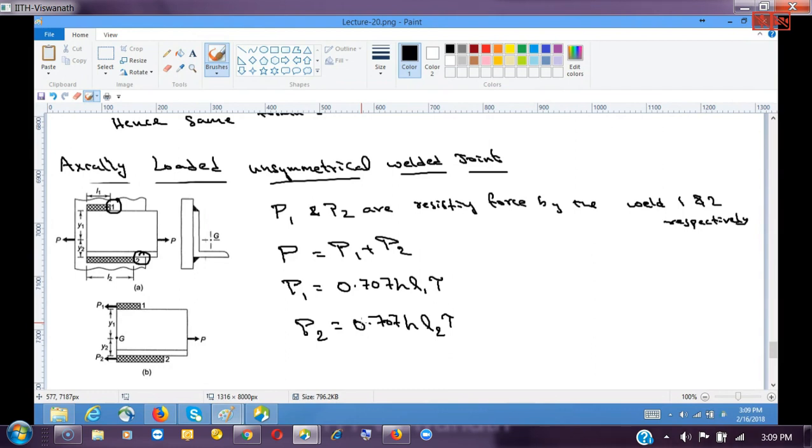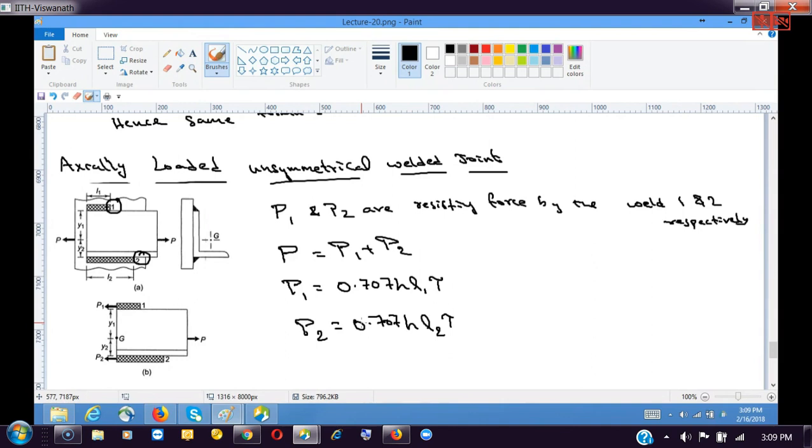That means we have to satisfy an additional criterion: these are two unequal forces, each with some arm length from the center of gravity. So this moment and that moment have to be the same. That means P1 Y1 is equal to P2 Y2 to retain the same CG.